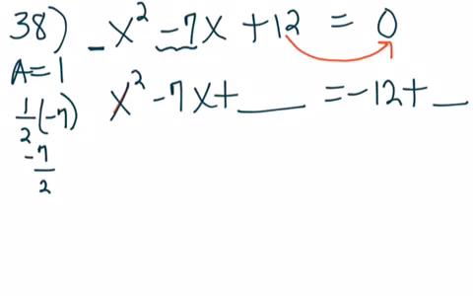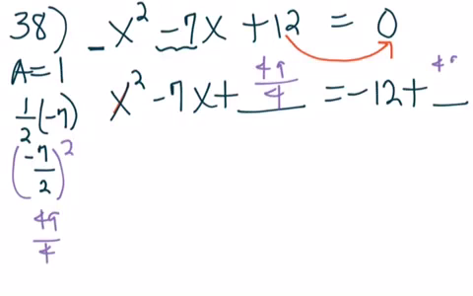Okay, the next step says to square the answer you got here. So that would be 49/4. So we're going to add 49/4 to both sides. The next step says to factor the left side using the shortcut.